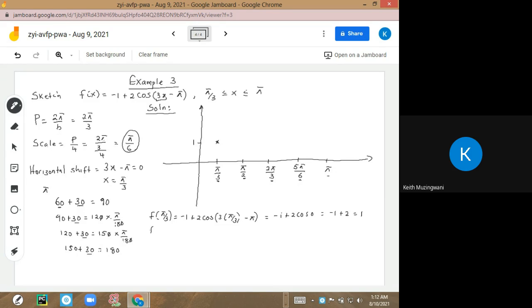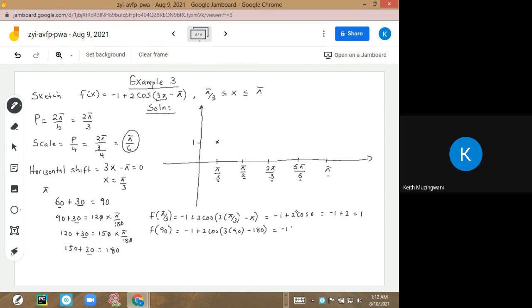Next, what is f of pi over 2? When calculating this, you can even be using the degrees, and then just take your answers there. So since we have found them in degrees, I can even say what is f of 90. So we have -1 plus 2 cos of 3 times 90 minus 180, the pi.